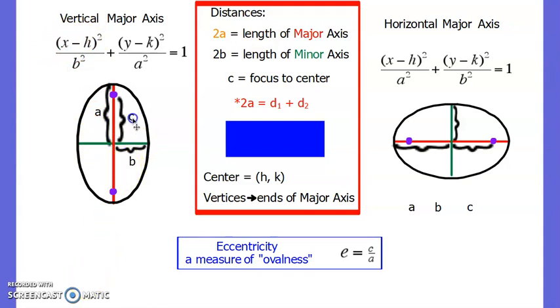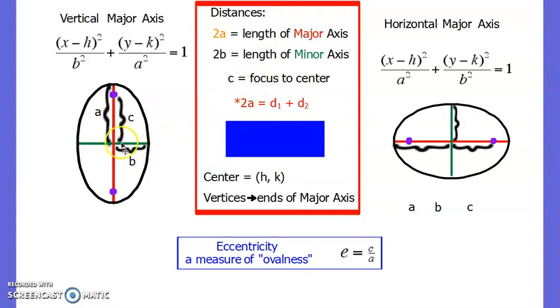c will be the distance from the center to the focus. The major axis has a total length of 2a. Again, center to edge is a. From vertex to vertex, as we call it, those points at the ends of the major axis are the vertices, that's a length of 2a. 2b will be the length of what we call the minor axis, the axis traveling the other direction, that green line right now.